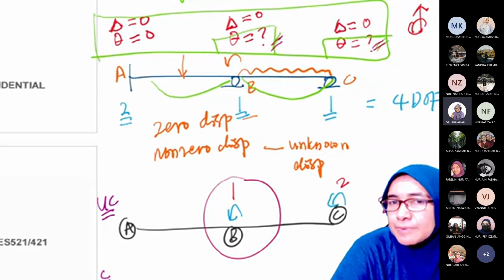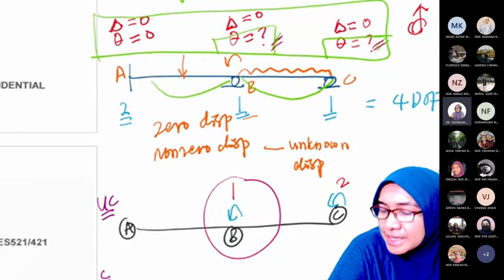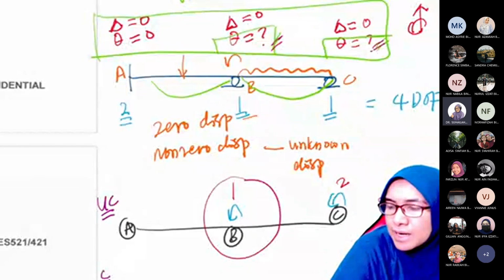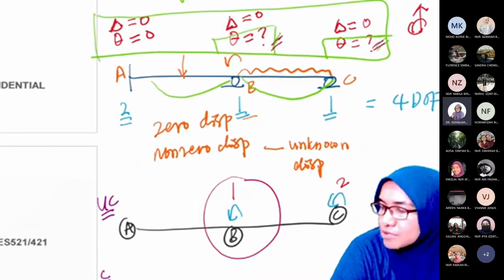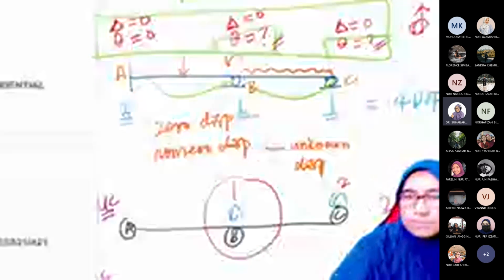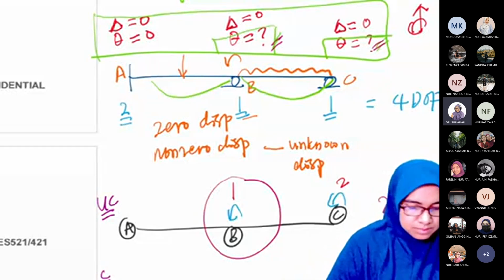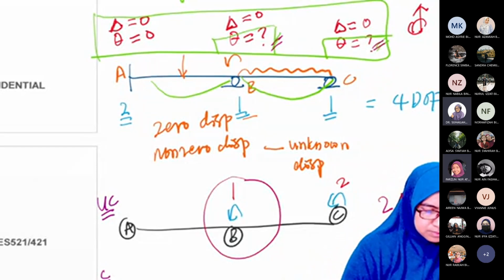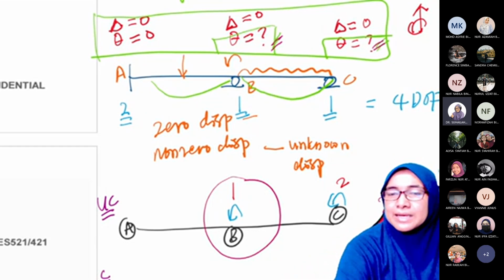Theta. D1 represents theta. So D1 means rotation at B. D1 is rotation at B. D2?